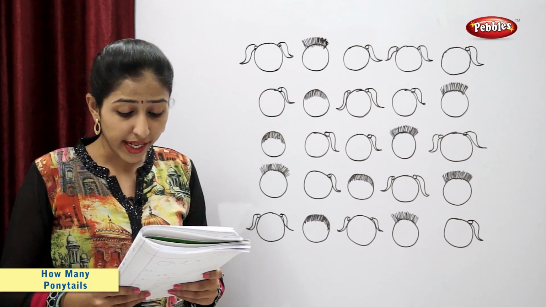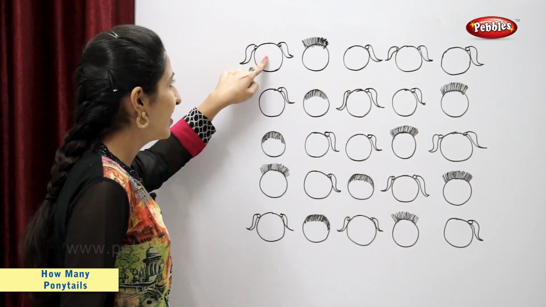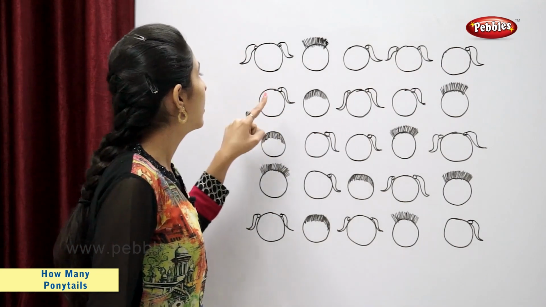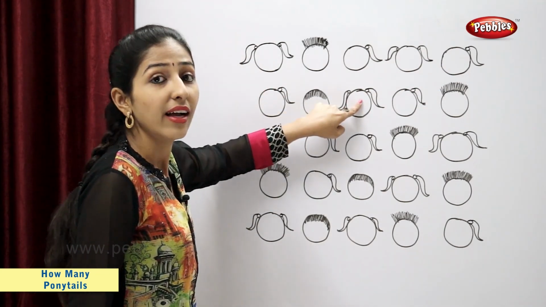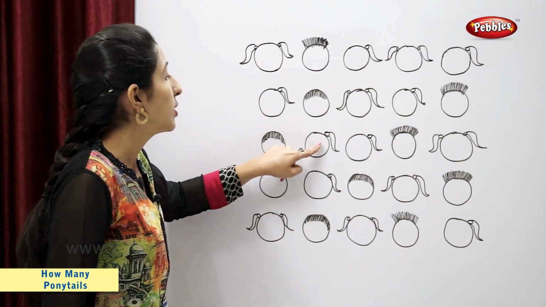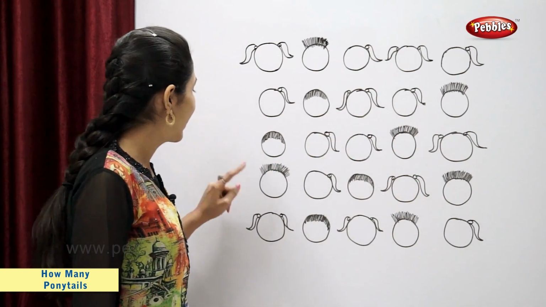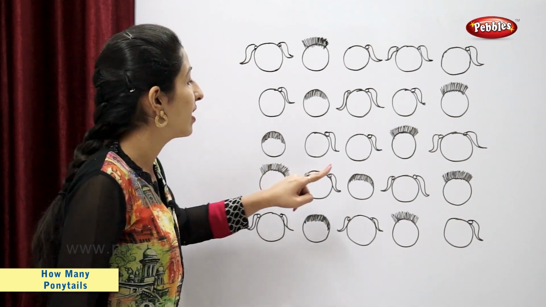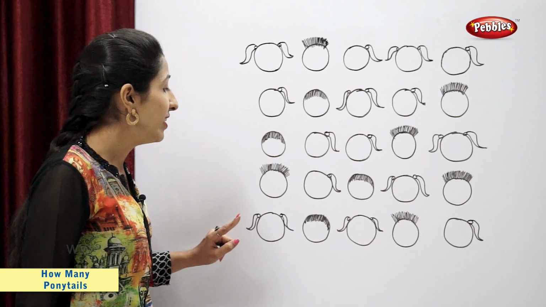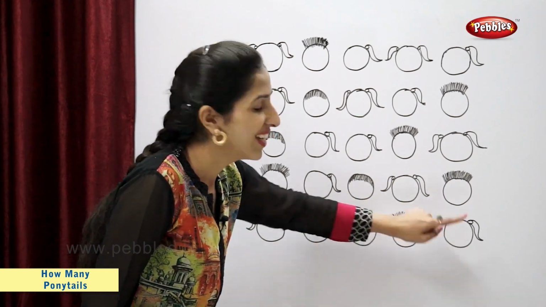Now tell me students, there are how many children in the class? Let's count. 1, 2, 3, 4, 5, 6, 7, 8, 9, 10, 11, 12, 13, 14, 15, 16, 17, 18, 19, 20, 21, 22, 23, 24 and 25.